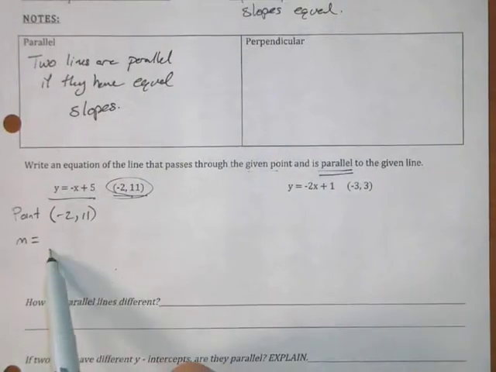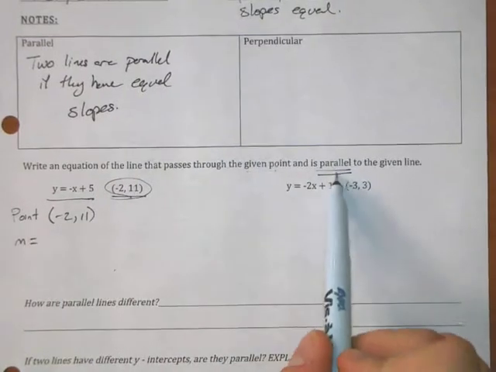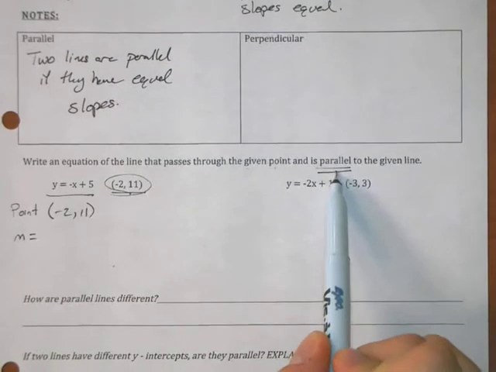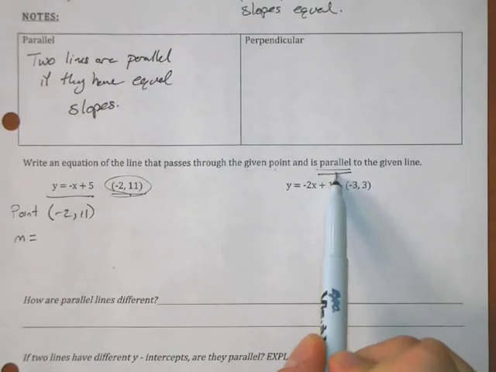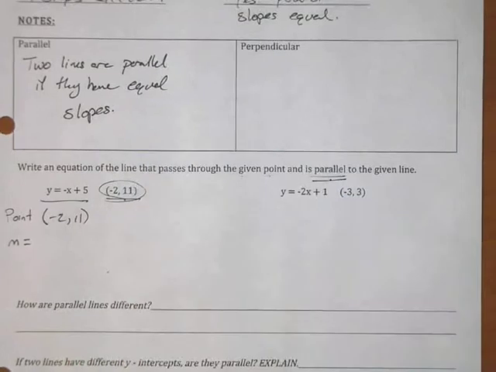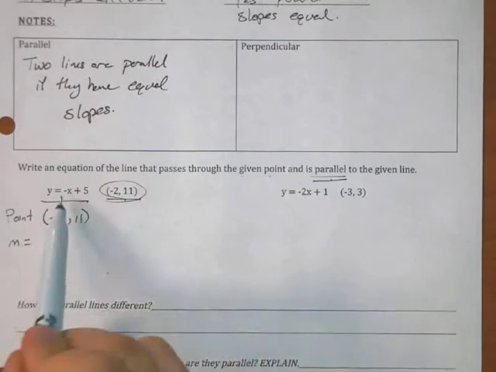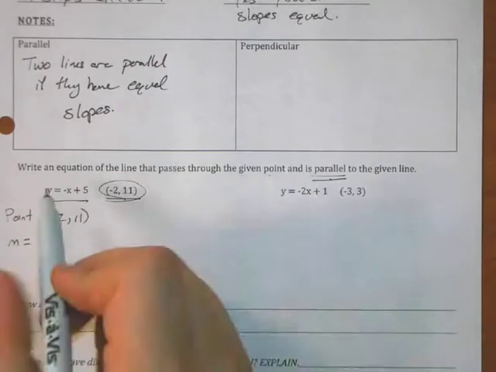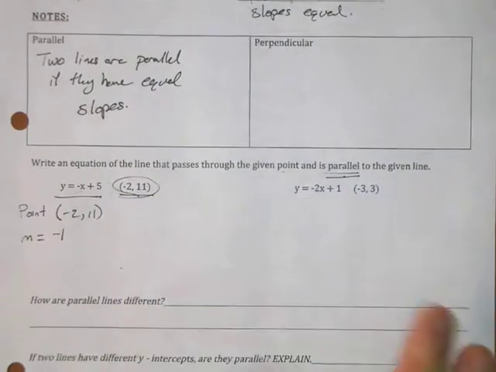Well, how does our line relate to the line that's given? Okay, it's parallel. So what's that tell us about their slopes? They're the same. Okay, so what should our line's slope be? It's the slope of this line, which happens to be negative 1.